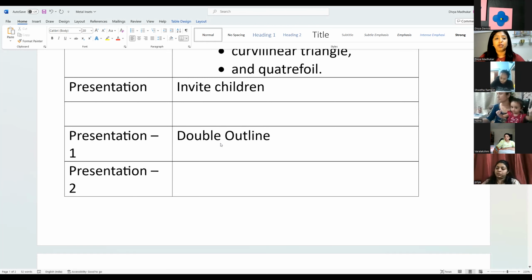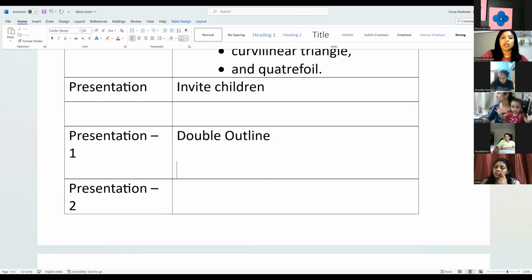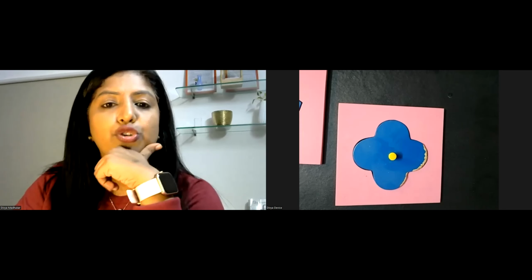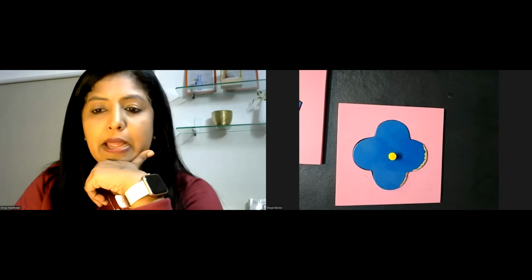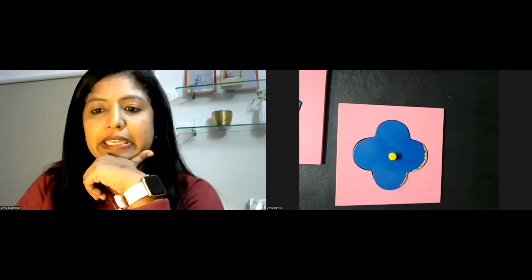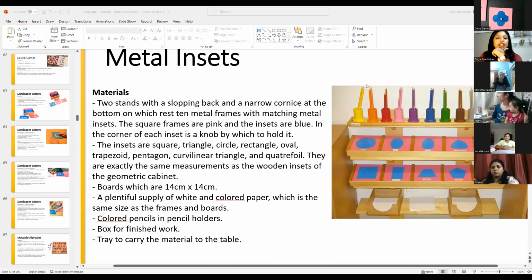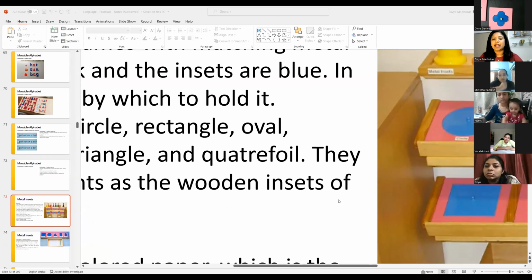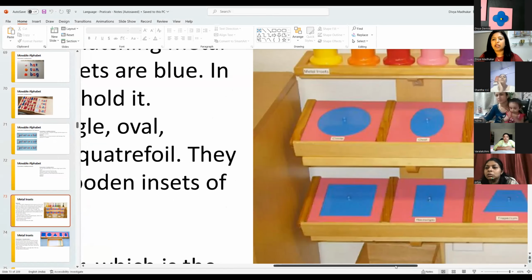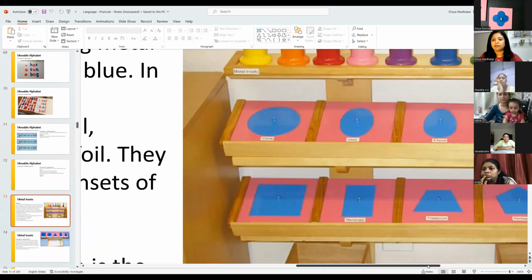Now, this one, you need to note here the presentation style. Since I have no space here, I have not shown you how it needs to be presented, but I'll show you in the PPT how you have to arrange it. Can you all see here? There is a stand which comes to arrange these metal insets.